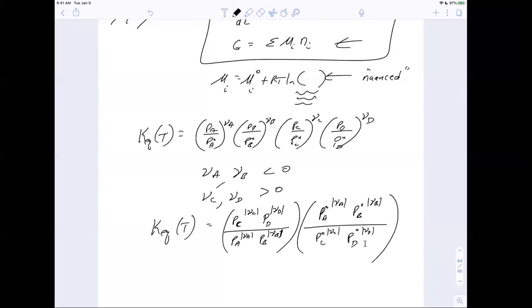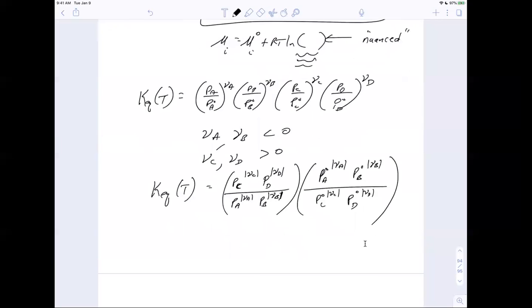So the A and B terms with the superscript 0 will go to the top in the second term, and vice versa for C and D. And again, we're using absolute values for the stoichiometric coefficients. Any questions or comments?